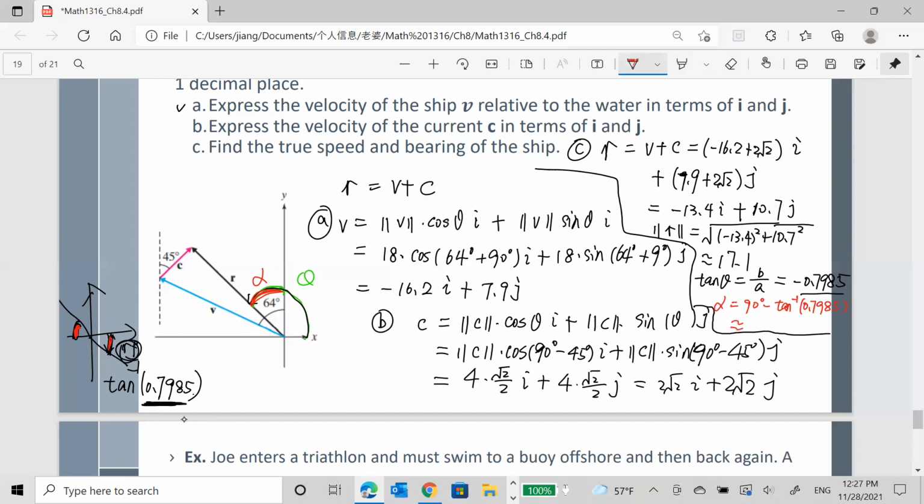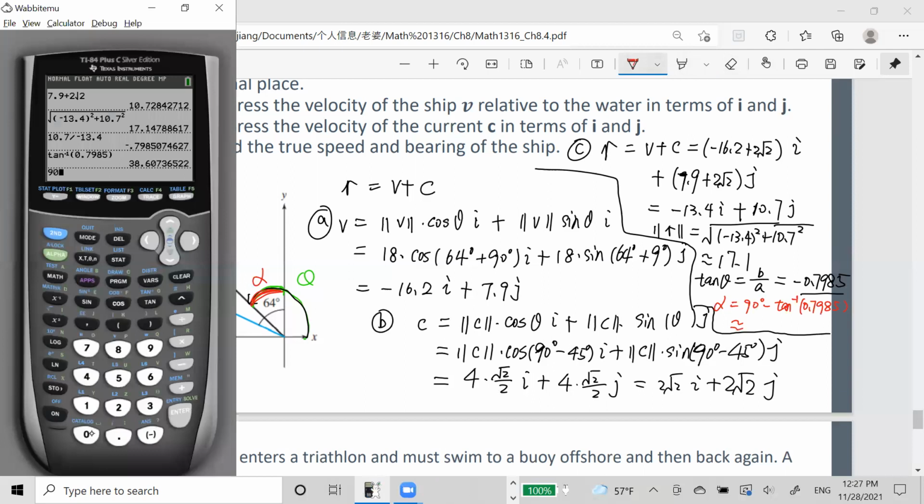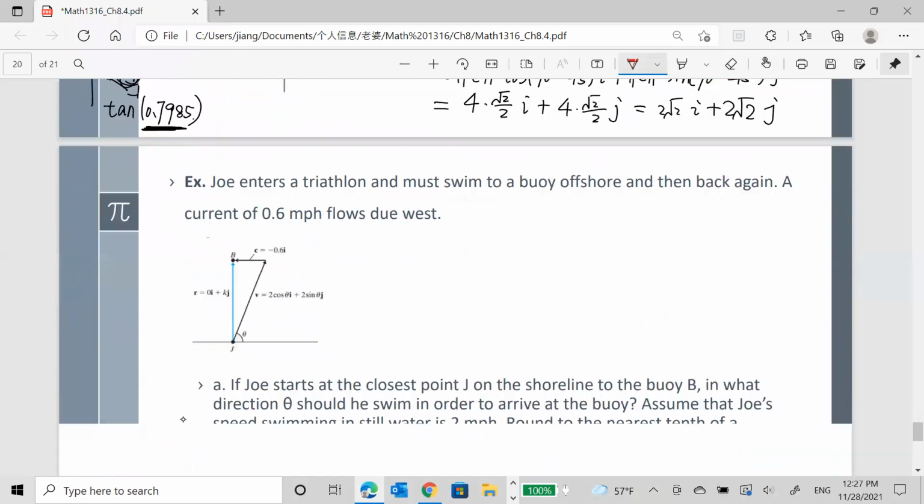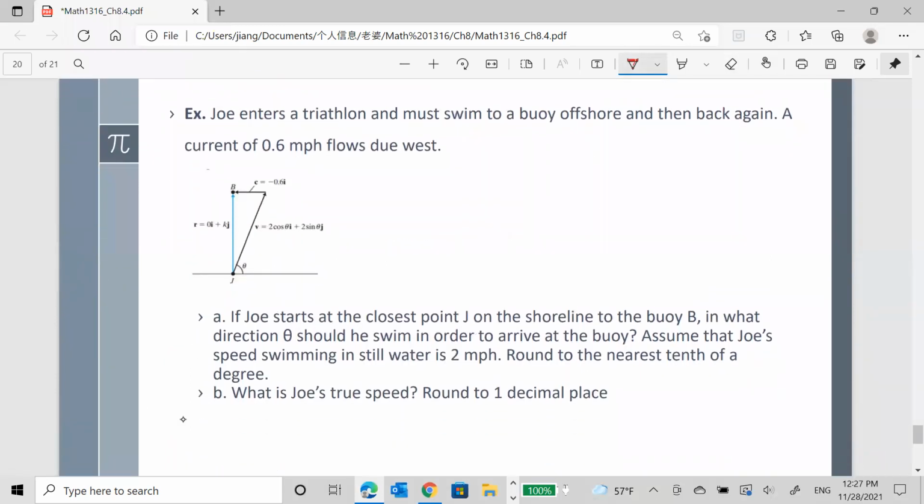So alpha is about 90 minus 38.6. That's 51.4. So we found all three solutions for this question. Okay, let's move on to the next example.